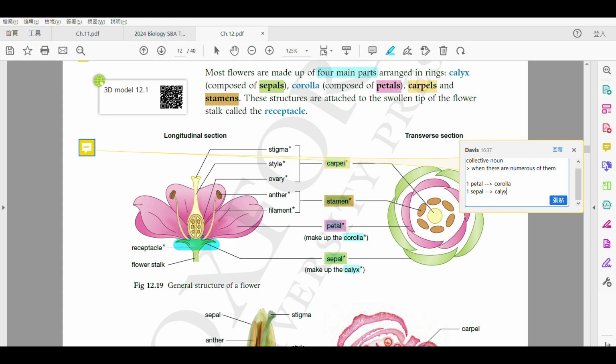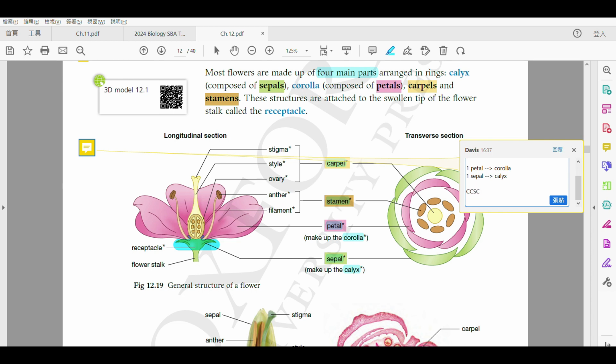At this point, 6 words already. It has a bit of difficulty, right? But somehow we can remember them quite easily. Try to remember both the collective noun and the single noun.